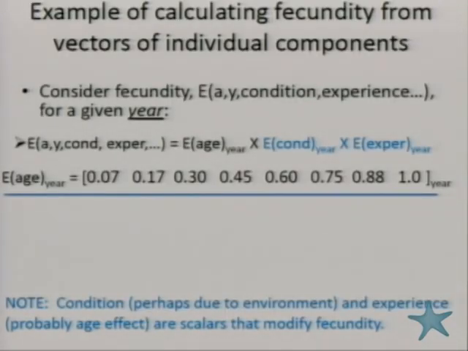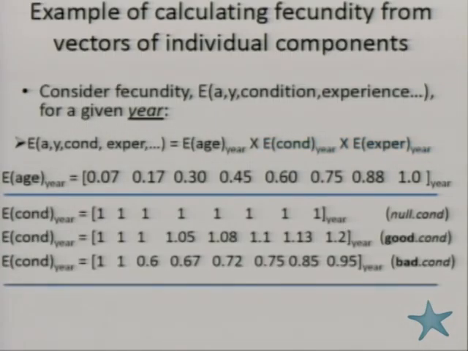The second component I wanted to consider was fecundity. Again, the same sort of schematic where I have a vector of fecundity at age by year, and I've scaled these to 1, so they're relative. And then I have a separate vector that scales this based on condition, whether it was a good year or a bad year, and experience, so that older spawners have used their experience to achieve greater fecundity.